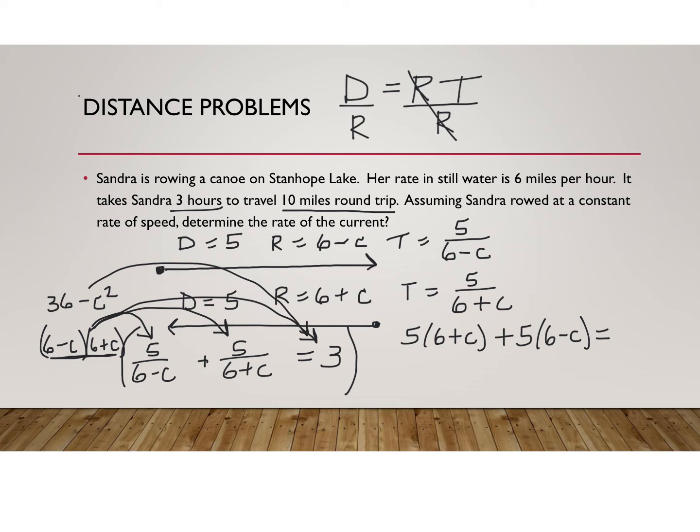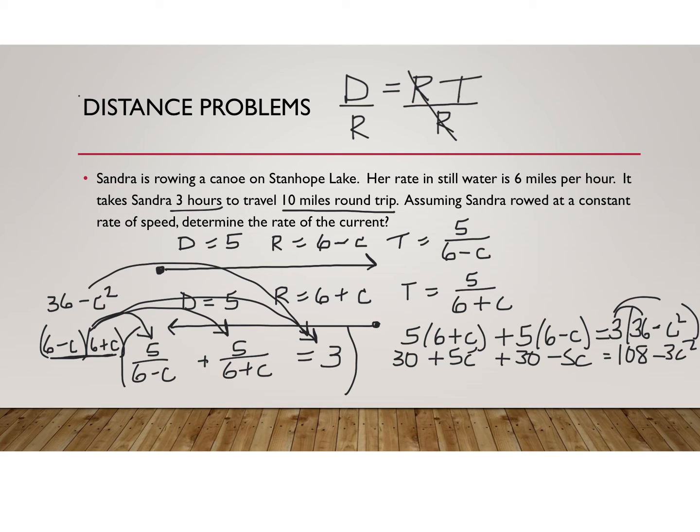So taking that times the 3, I'd end up with 3 times 36 minus c squared. Now I would distribute. I've got 30 plus 5c plus 30 minus 5c is equal to 108 minus 3c squared.